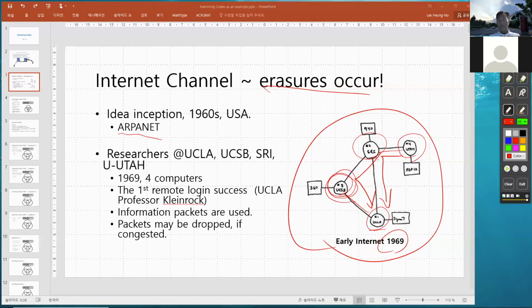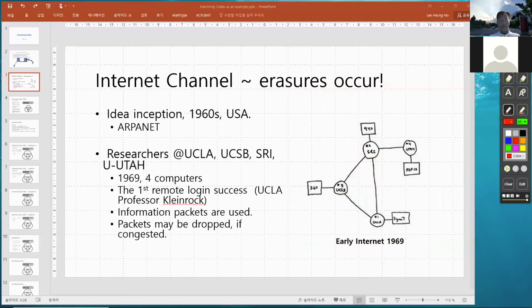And in the erasure channel, the input alphabet is 0 or 1, and then the output alphabet is 0, 1, or erasure.